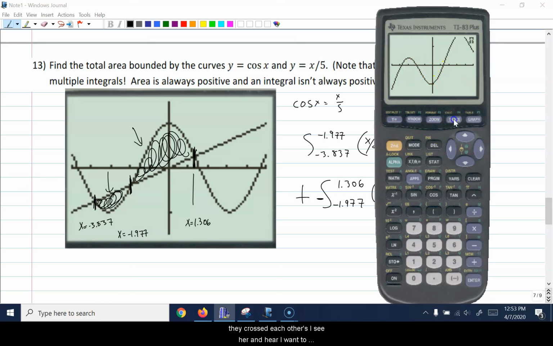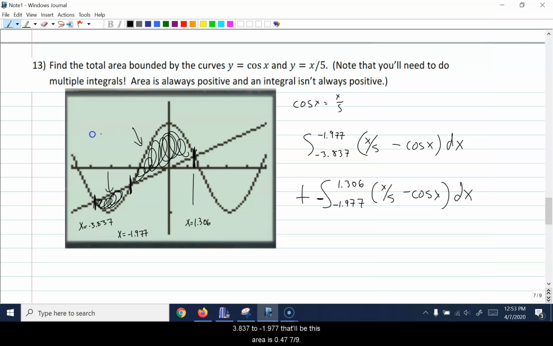I want to calculate the integral from -3.837 to -1.977. This area is 0.4779.